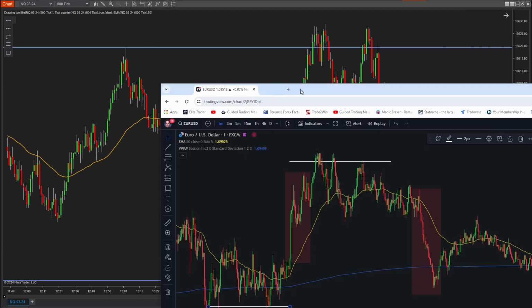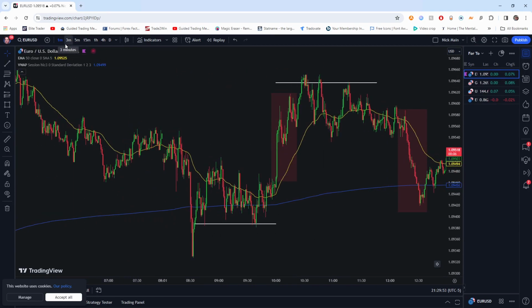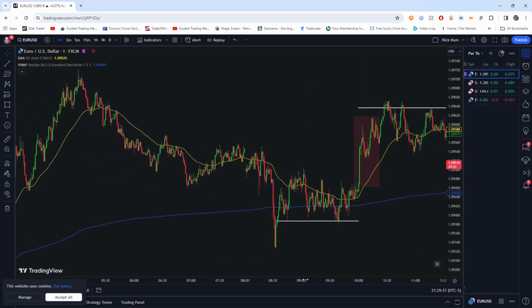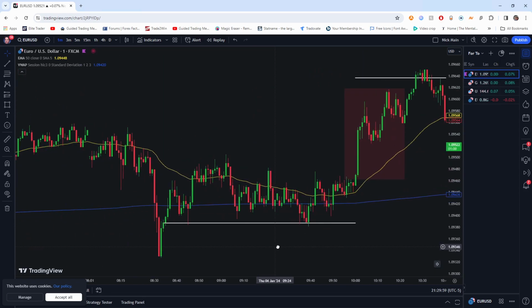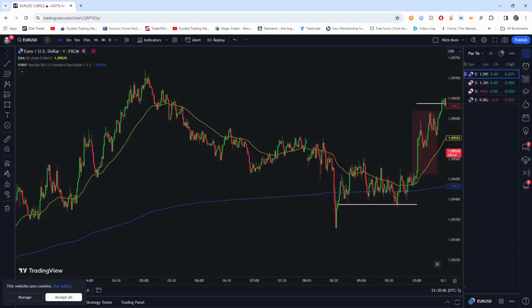Just really quickly, I'll bring over TradingView and we can have a look at the Euro USD. This is the 1 minute. I haven't really looked too much into this, but I know it does work on Euro USD. We can see here we had a period where the market had this accumulation period. Again, if we zoom out, we've had this clear downtrend. It's not been the strongest downtrend, but we've got a clear downtrend.